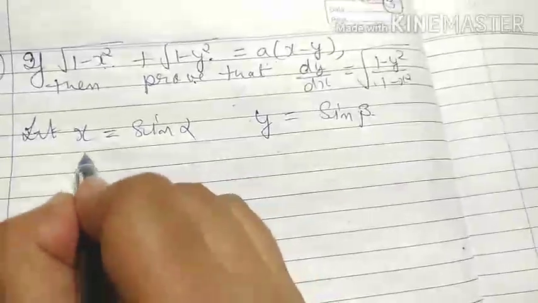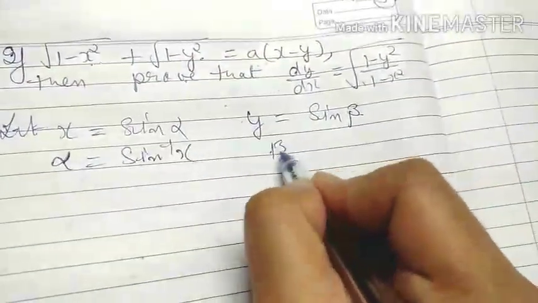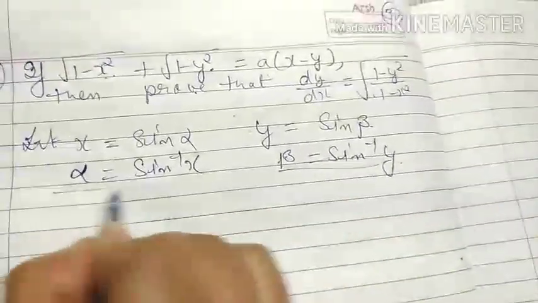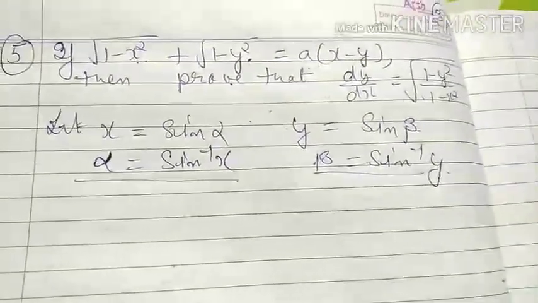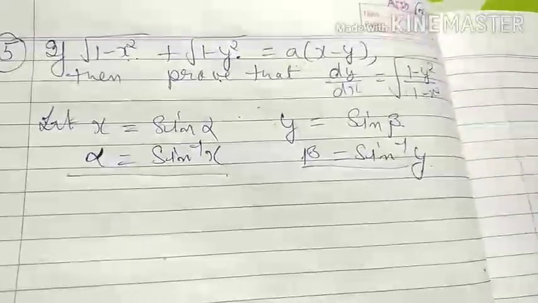Alpha is equal to sine inverse x and beta is equal to sine inverse y, I keep it aside. These two formulas, x is equal to sine alpha, y is equal to sine beta. Now I am going to substitute this in my equation.